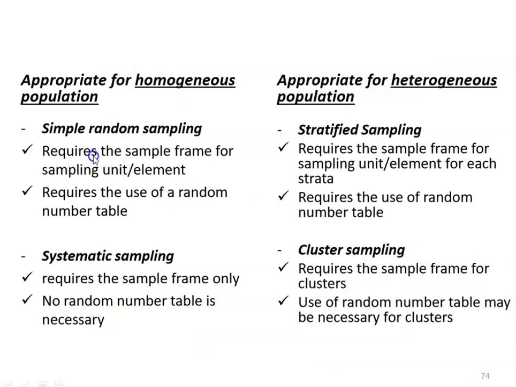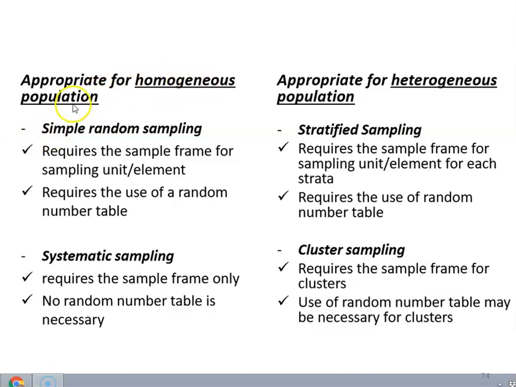Our choice of these methods depends on whether our population is homogeneous or heterogeneous. Homogeneous means our population seems to be having the same characteristics in all the individuals that we are interested in assessing in our study.